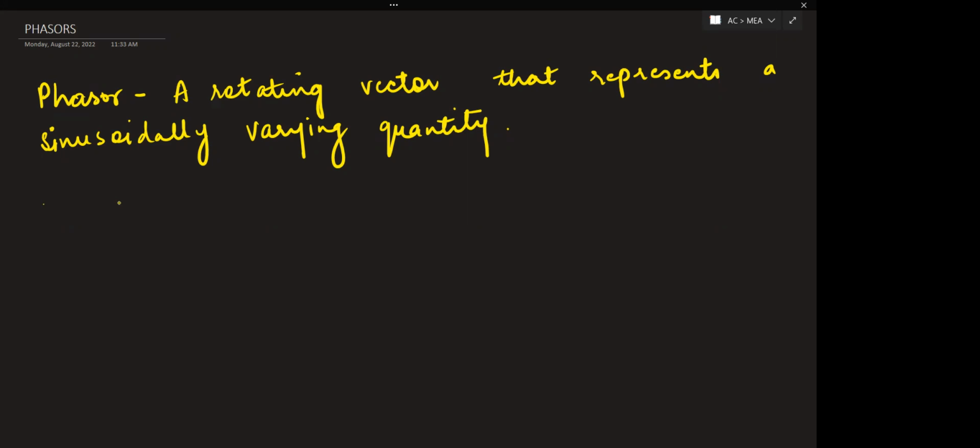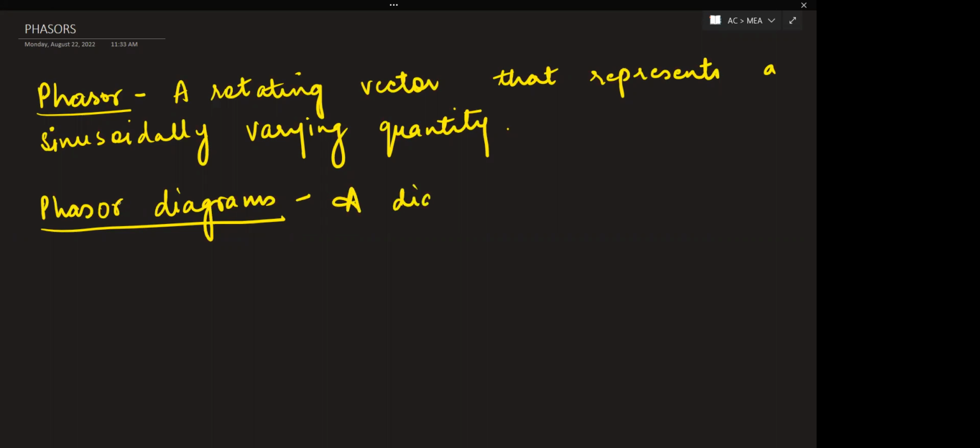Just see, before that, understand what a phasor diagram is. Then I'll tell you the relation between phasor and phasor diagram. So this is phasor diagrams. Phasor diagrams represent alternating current or voltage. I'll keep writing the definition simultaneously.